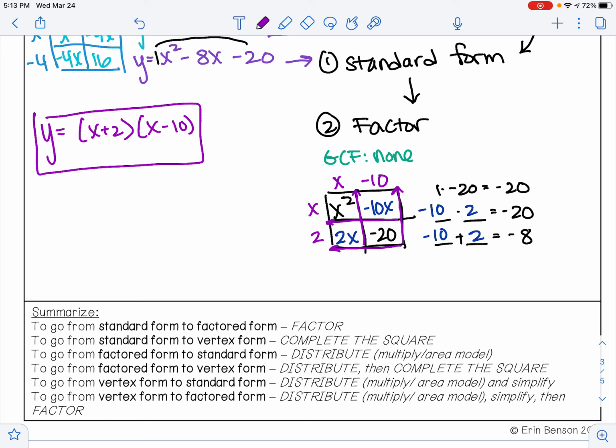To go from factored form to standard form, you multiply. To go from factored form to vertex form, you multiply and then complete the square. To go from vertex form to standard form, you multiply and then simplify. And from vertex form to factored form, you multiply, simplify, and then factor.